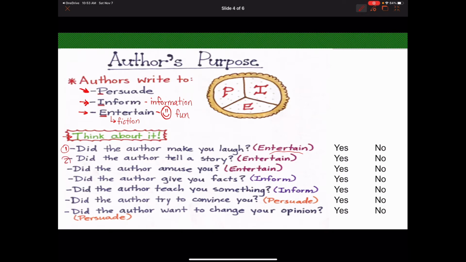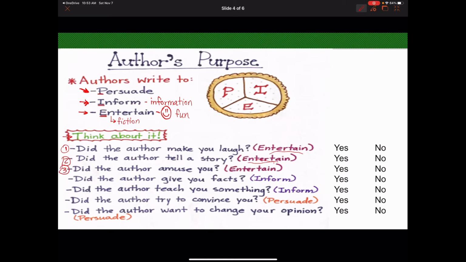Did the author tell a story? Were there characters? Was there a setting? What about a problem? Did the character have a problem in the story? If so, then the author was probably trying to entertain us. They wanted us to enjoy what we were reading.